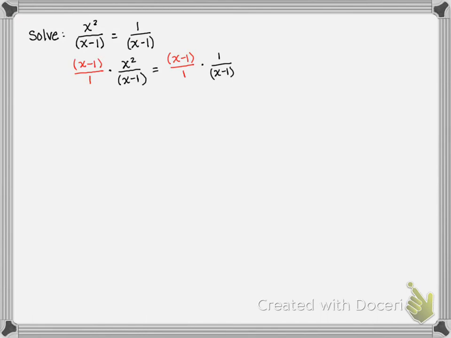Again, we're allowed to do that because we did it on both sides of an equation. So this cancels my denominators. What do I end up with? x squared over 1, over 1, which is the same as x squared.